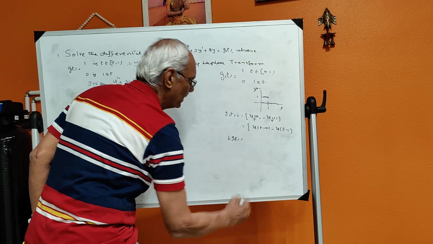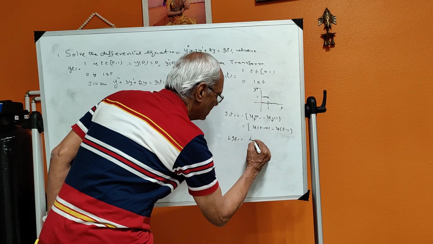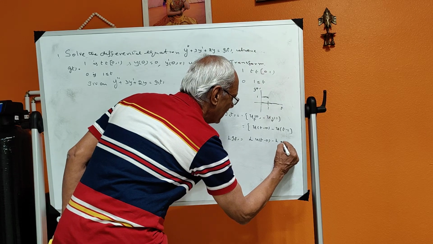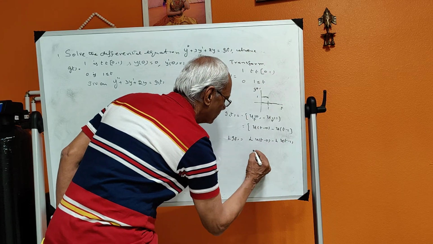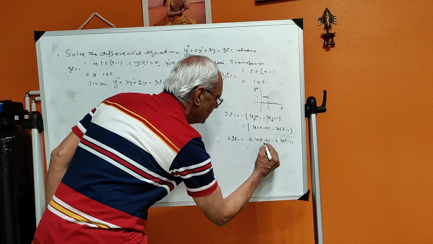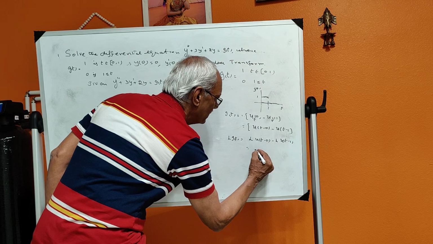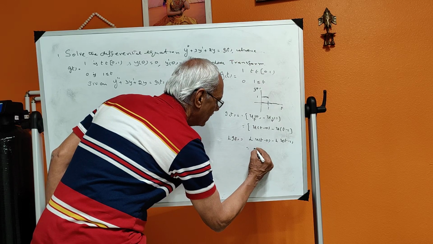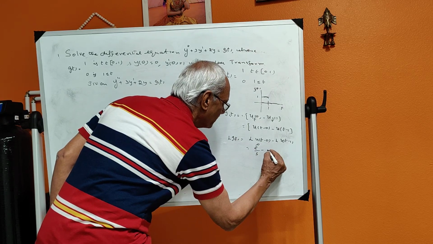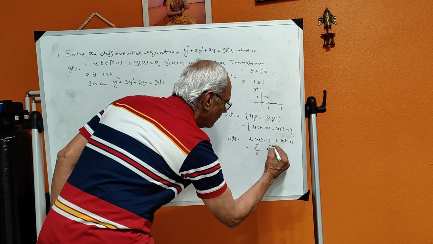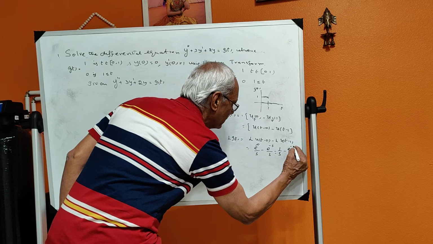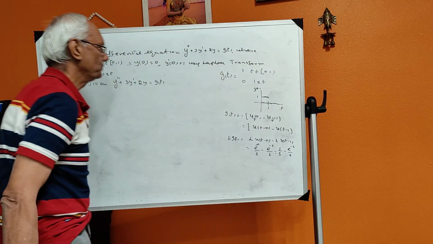Therefore, L of g of t, when you take the Laplace transform, is L of u of t minus 0 minus L of u of t minus 1. This is e to the power of 0 by s minus e to the power of minus s by s, that is equal to 1 by s minus e to the power of minus s by s.